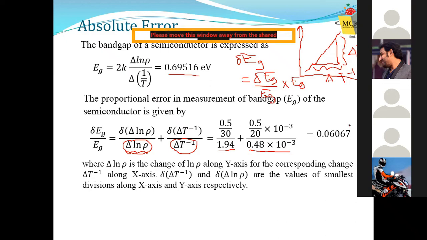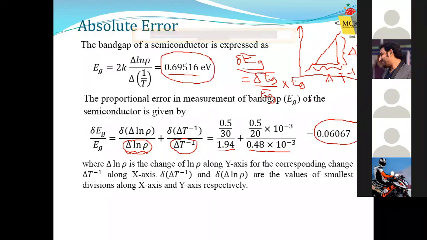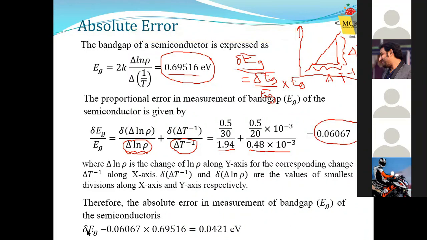So you will have to multiply the proportional error and the Eg value to get delta Eg, that is absolute error. So you can see the proportional error is here, and this is the Eg value. So what do you get? You get 0.0421 electron volt. That is the absolute error in the calculation of Eg.